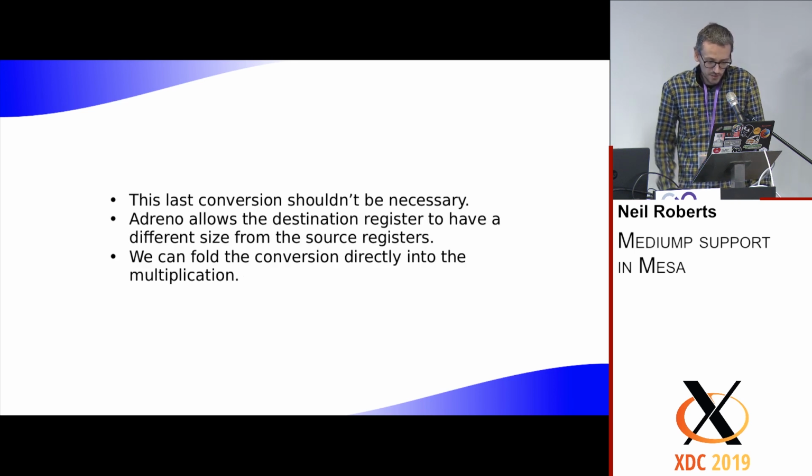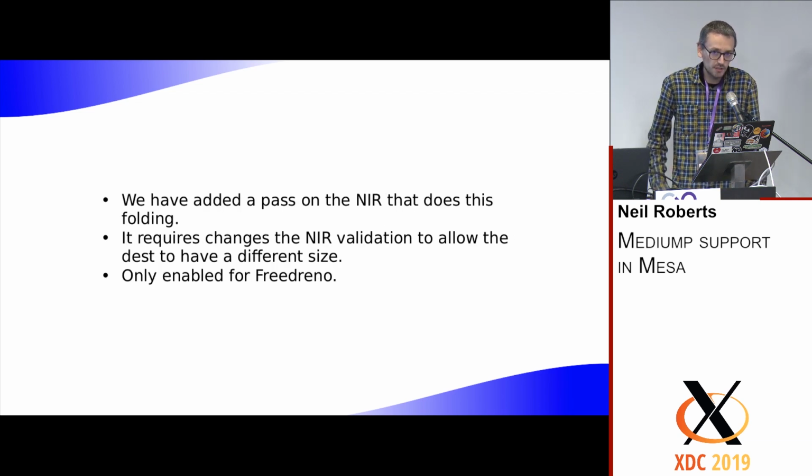But this last conversion shouldn't be necessary on Freedreno because in that case, the destination register is allowed to have a different size from the source registers. So we can fold this last conversion operation directly into the division operation. So we've got a NIR pass that does this as well.